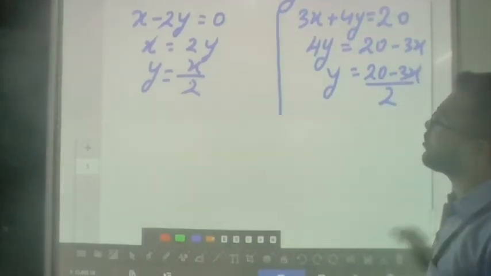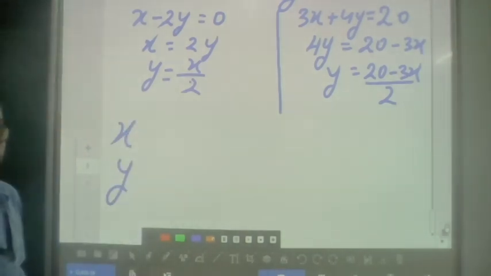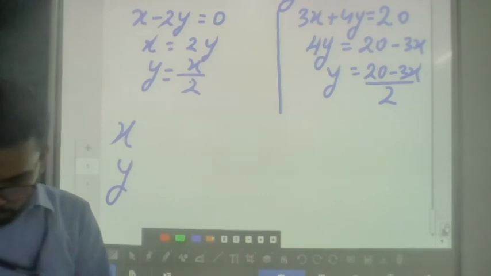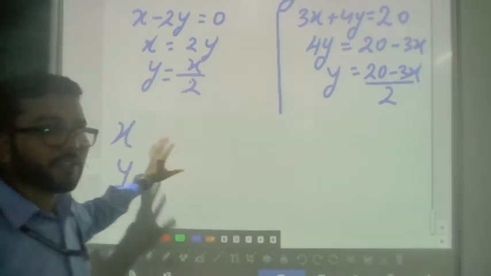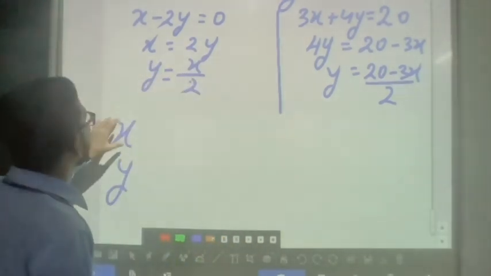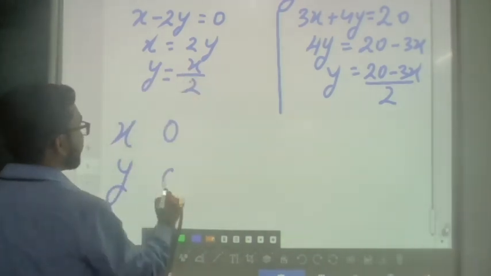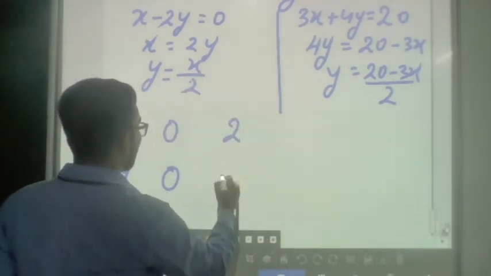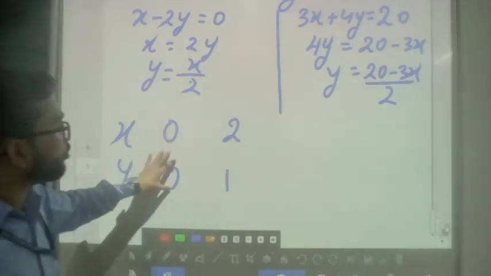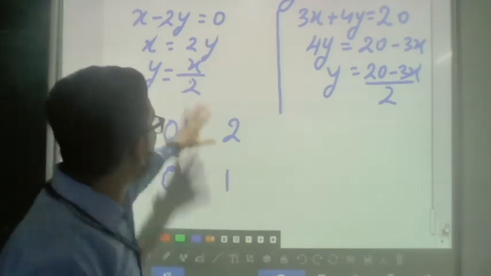Now, to draw a line we have to take two points. If we take x is equal to 0, we get y is equal to 0. If we take x is equal to 2, we get y is equal to 1. So we get two different coordinates and can draw a line for this equation.